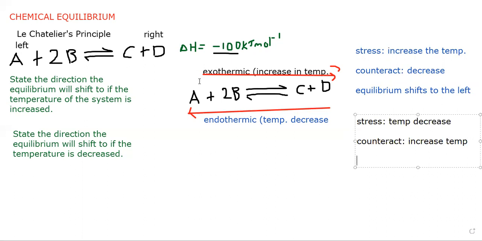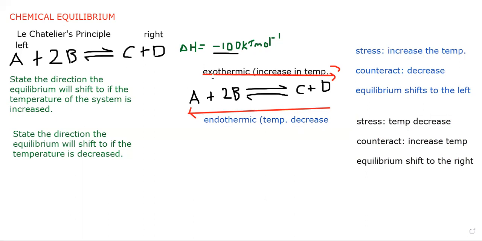So going to the right-hand side is exothermic, and the equilibrium will have to shift to the right. If the temperature decreases, the system will want to increase it, and it will do that by shifting the equilibrium to the right.